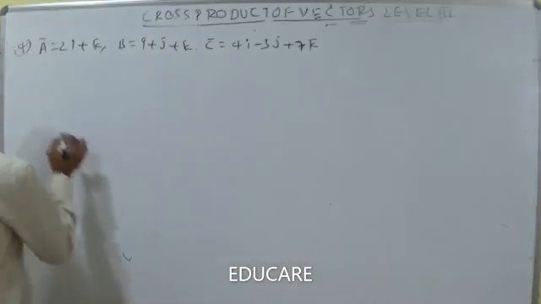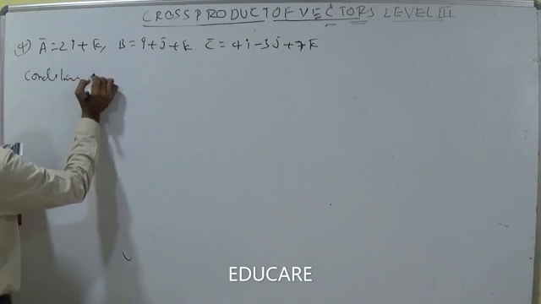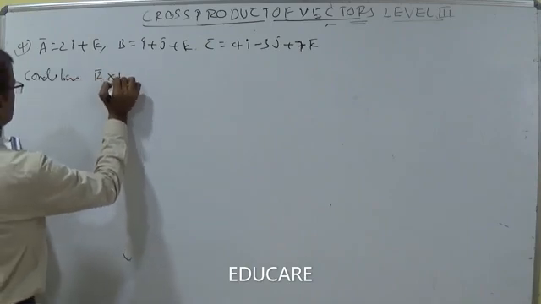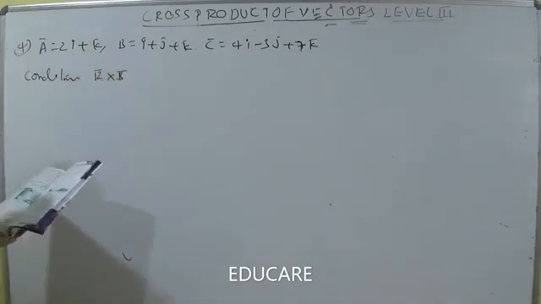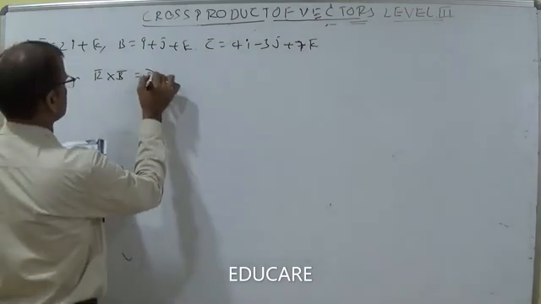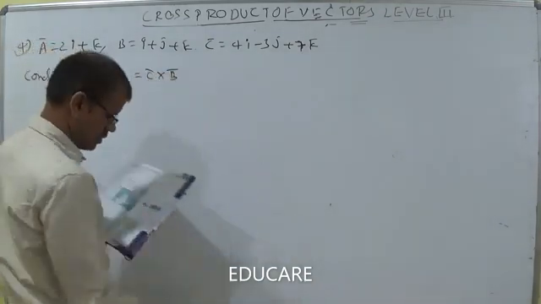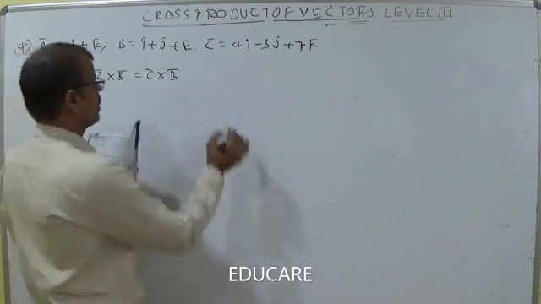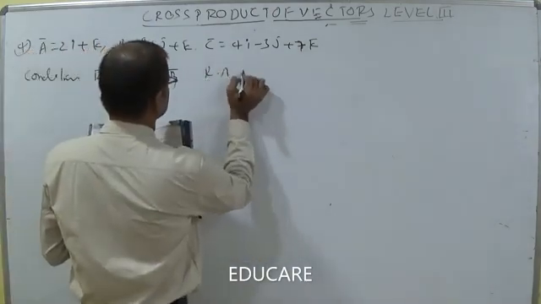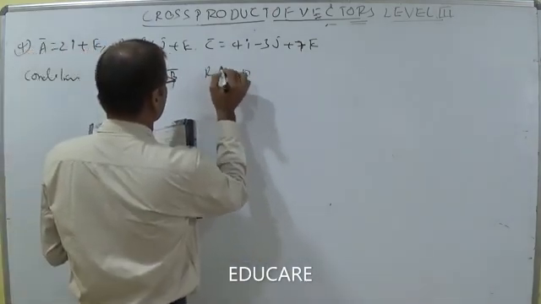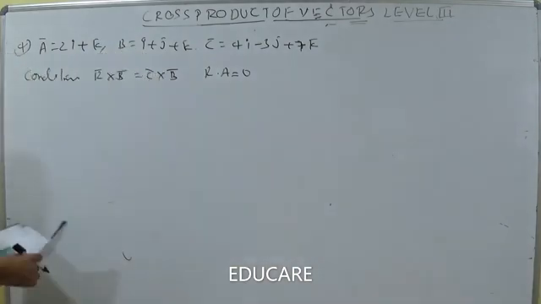Then the vector satisfies the conditions given: R bar cross B bar is equal to C bar cross B bar, and R bar dot A bar is equal to 0. Then what is the value of R bar?